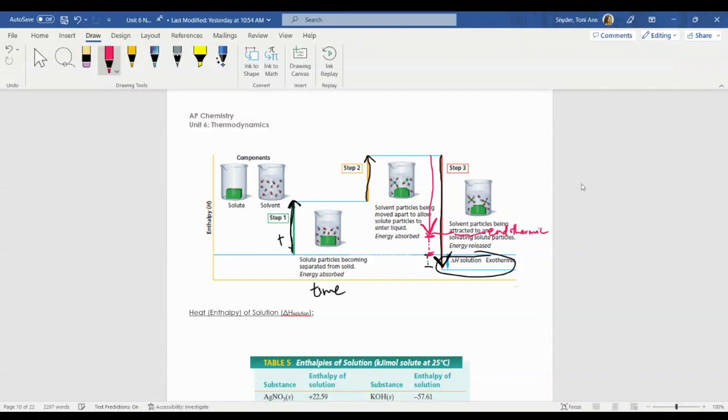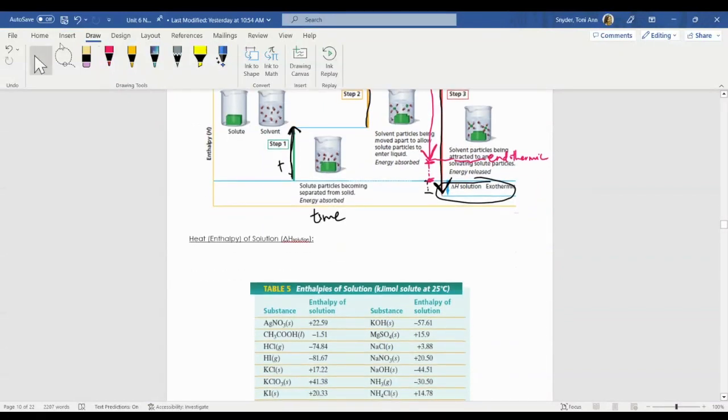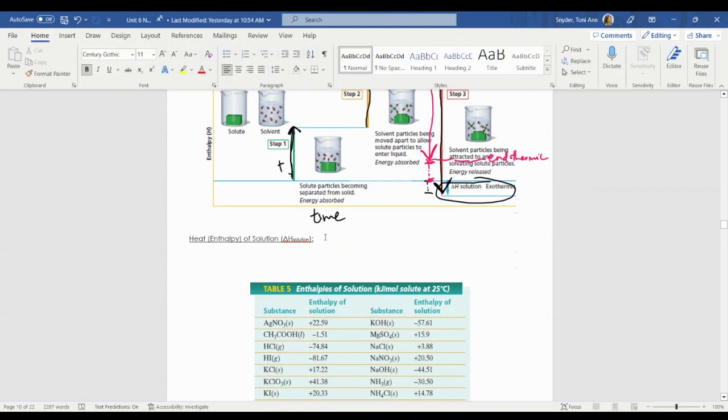So we're starting to bring in those reaction profiles with these as well. And the more we look at them, I think the more comfortable you'll get with them. But that's how we can tell whether a heat of solution will be positive or negative. So let's define the heat or enthalpy of solution. And just to reiterate again, enthalpy and heat mean the same exact thing for us at this point in our chemistry careers.